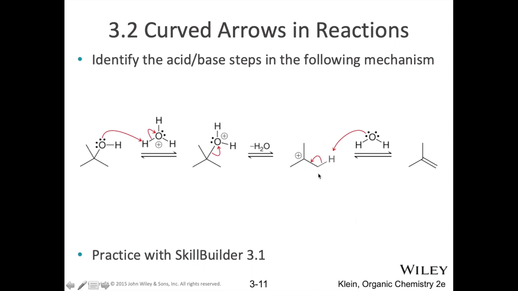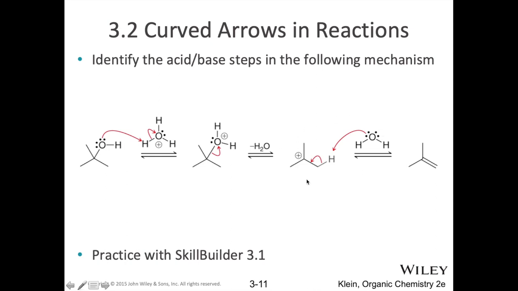Okay, what about this third step here? So here we have this carbon-hydrogen bond breaking, and you can see that this oxygen is picking up that hydrogen. Again, notice we have that concerted set of two arrows, the two arrows acting in the same step, where a lone pair on an atom forms a bond to a hydrogen, and then that hydrogen's bond with something else breaks, dropping those electrons off somewhere else.